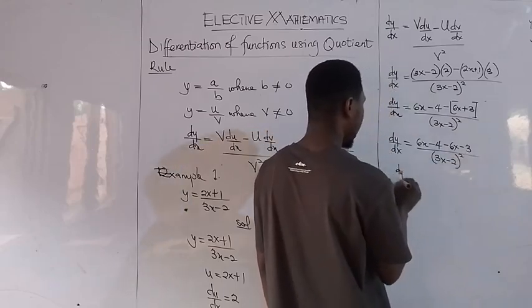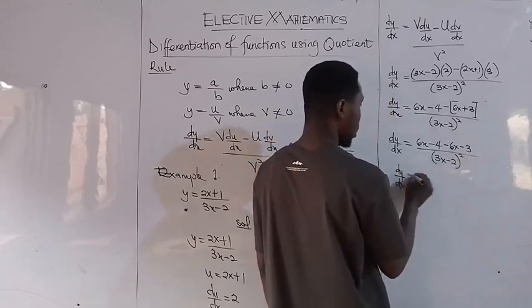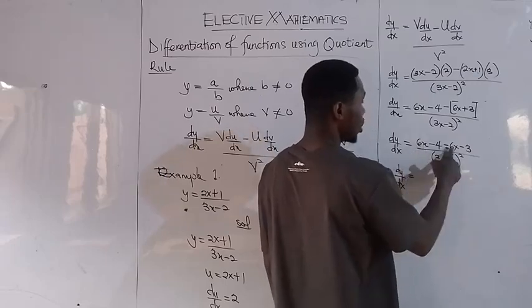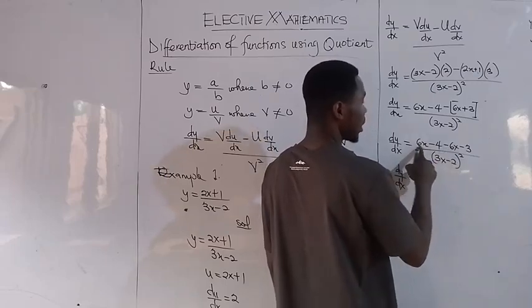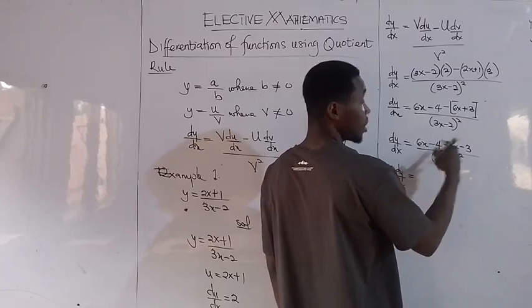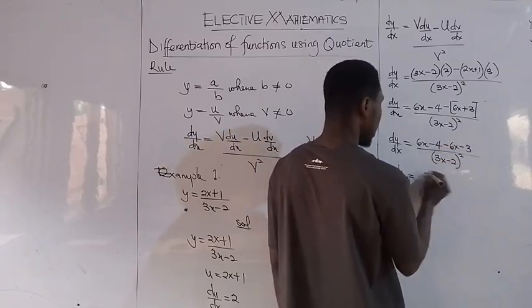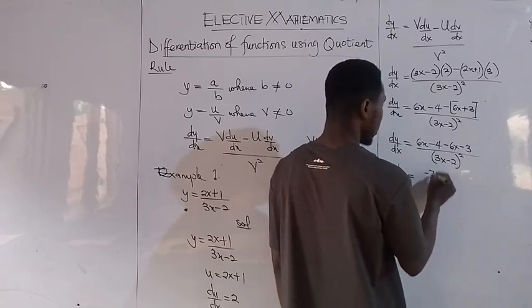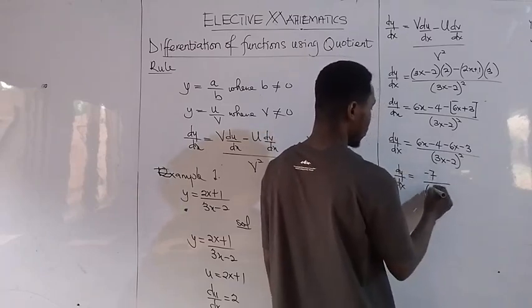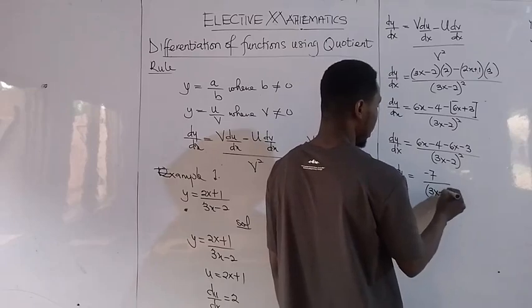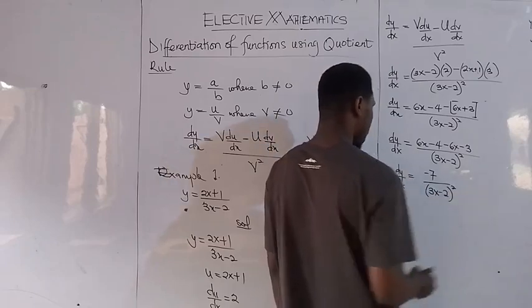So our dy dx will be equal to, this and this will go. Positive 6x and negative 6x will cancel. So we have negative 4 minus 3, giving us negative 7 all over 3x minus 2 all squared.